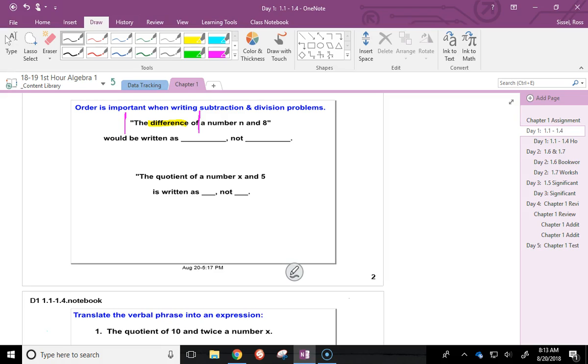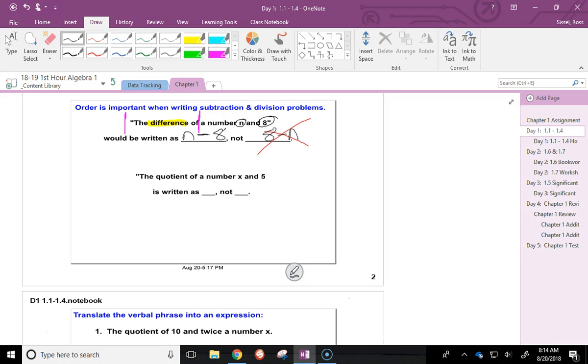Now we put them in order. So it's subtraction, a number n, and 8. N minus 8. We cannot write it as 8 minus n. That is wrong. If you do that, you fail at life. Probably should not say that when it's being recorded. Parents are looking at me like, you don't have to fail.